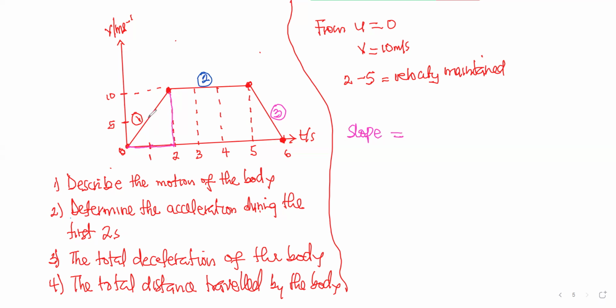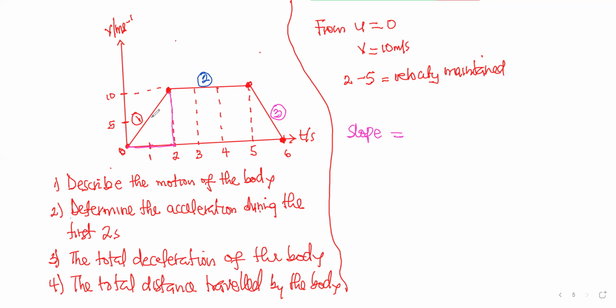So help me calculate the slope in the first part of motion. 5 meters per second squared. Okay.